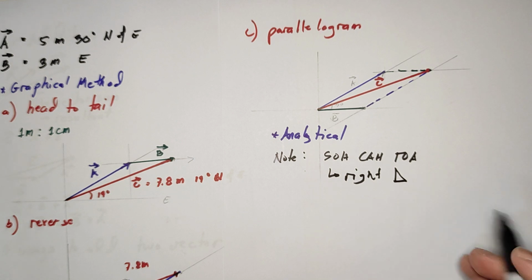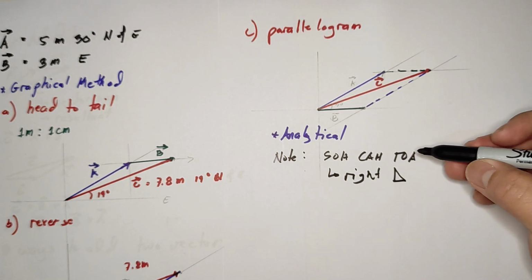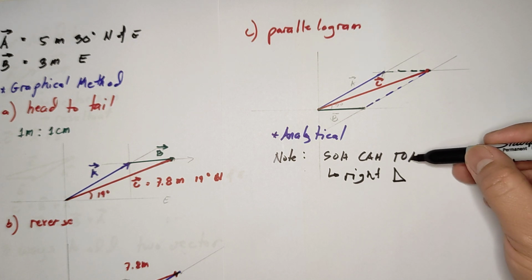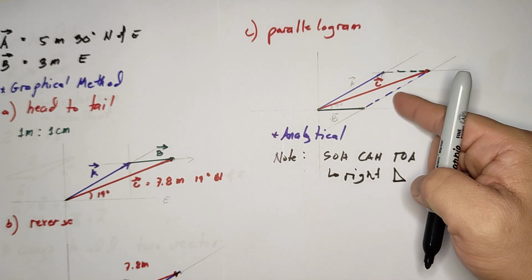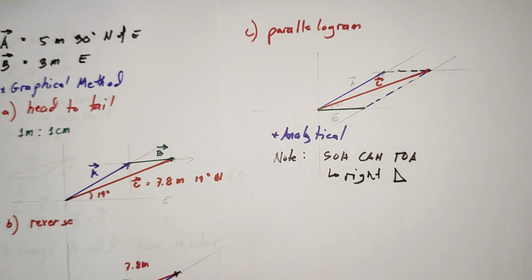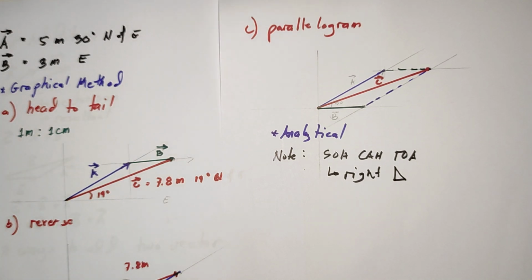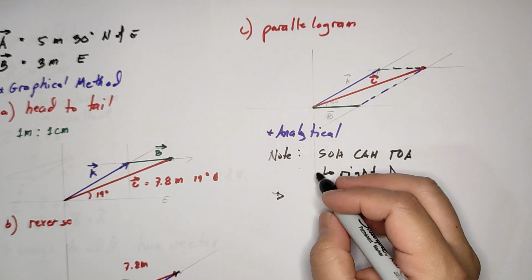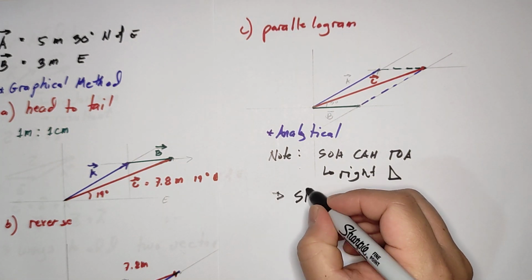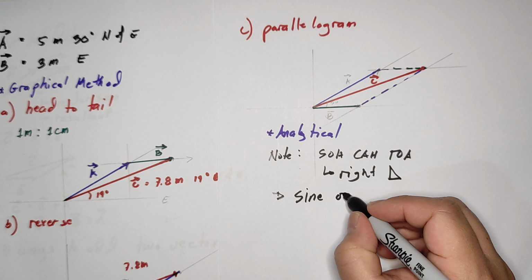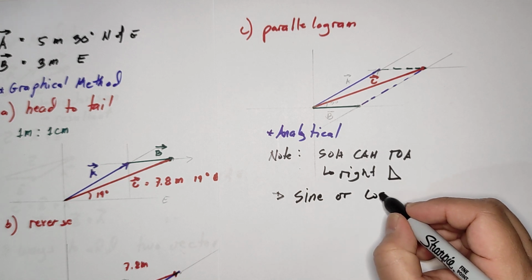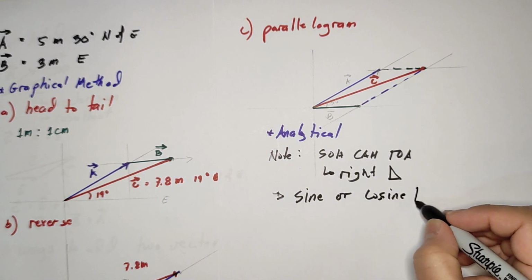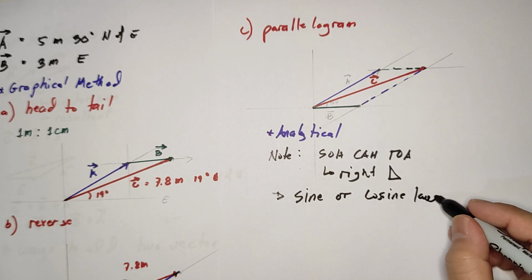A right triangle is this one. It has 90 degrees. So you cannot use this one here because this is not a right triangle anymore. And what to use? You will use the sine and cosine law. Okay.